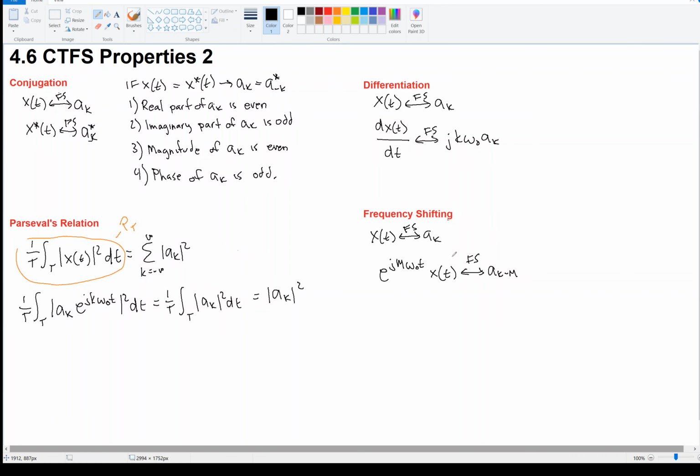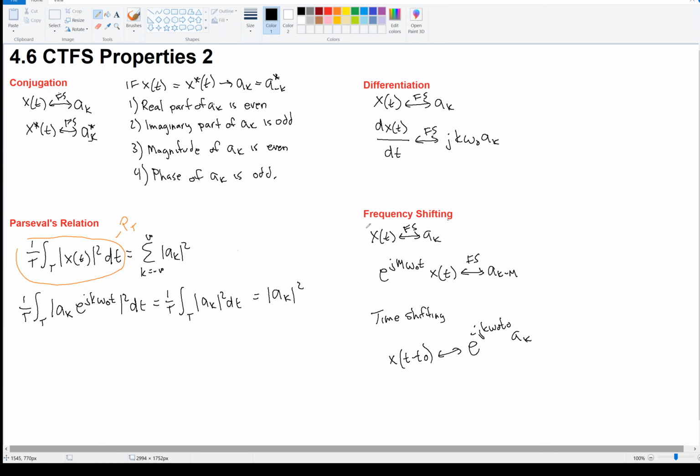And I do want to point out that we saw something similar in the previous video called time shifting. Time shifting was that the Fourier series coefficients of x of t minus t0 were e to the minus jk omega 0 t0 times ak. So here in the time shifting property, we shifted in time, and then that was multiplying the ak's by a phasor. Here we multiply the x by a phasor and we shift in frequency.